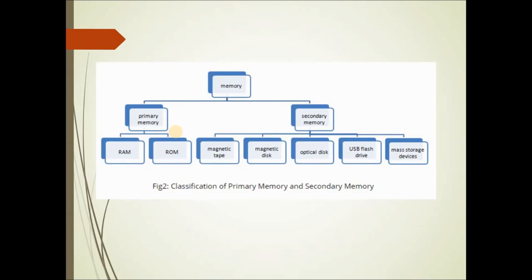When the motherboard is manufactured, some instructions are loaded by default into the system. For example, when you turn on the system, it automatically knows that it has to load the operating system from the hard disk to RAM, because the operating system is a program.